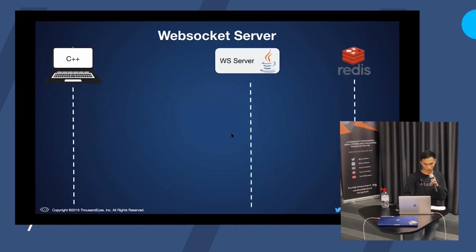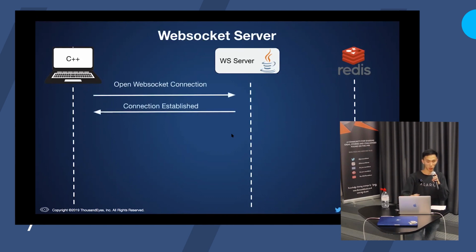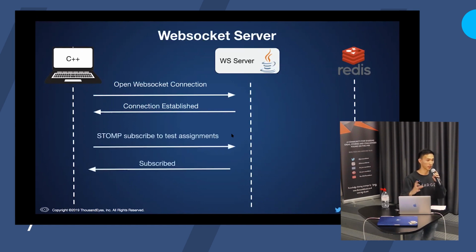The idea with Stomp is that each client tells the server what kinds of messages it wants to listen on, or what kind of messages it wants to subscribe to. And then the server sends the relevant messages to the client based on their subscription. So in our case, we have our own WebSocket server, and the client is obviously the agent that's living on the employee's laptop. So what we do first is we open the WebSocket connection and the connection is established. And then the agent says, hey, I want to subscribe to the test assignments that are relevant to me. And the WebSocket server says, hey, good job, you're subscribed.